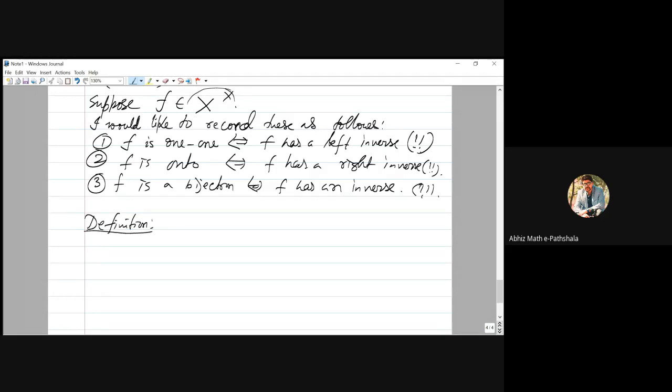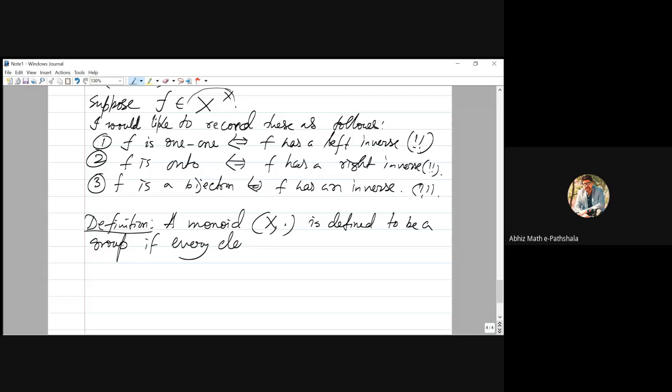Okay. So the definition of a group can be framed as, a monoid (x, dot) is defined to be a group if every element of (x, dot) must have an inverse. And you have already proved that if it has an inverse, then it must be unique.